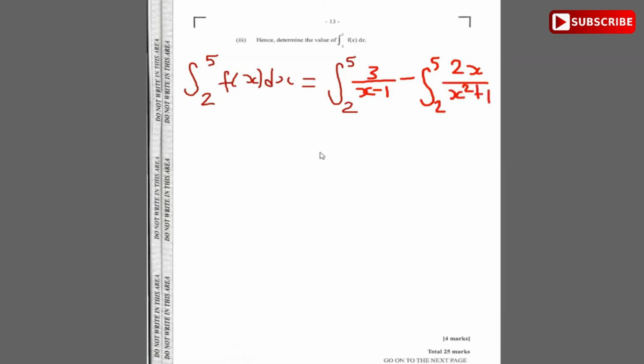Now integrating this, the integral of 3 over x minus 1, if you factor out the 3, you're going to get 3 times ln of x minus 1. So it's 3 times ln x minus 1, and you're integrating that from 2 to 5.